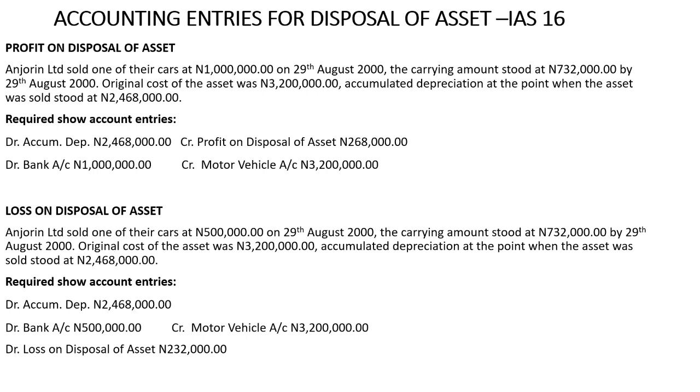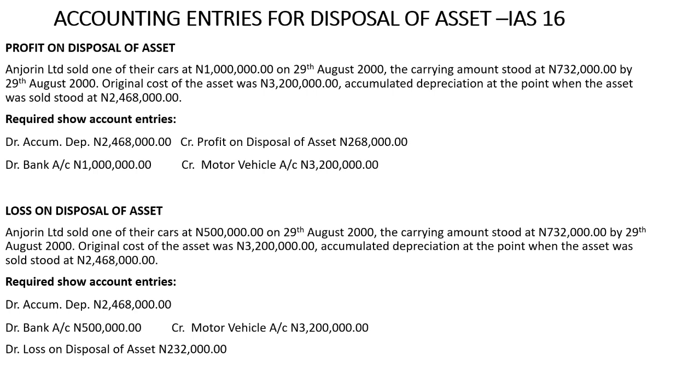These are very key things to note when you are dealing with disposal of assets. Original cost of the asset stood at 3.2 million naira. Accumulated depreciation at the point when the asset was sold was 2,468,000 naira. You are required to show the accounting entry for this transaction.